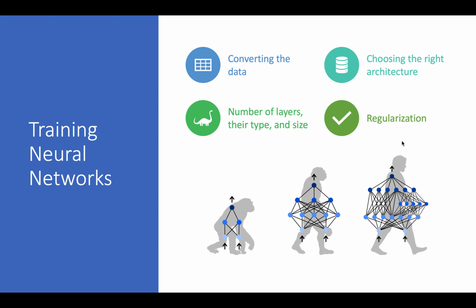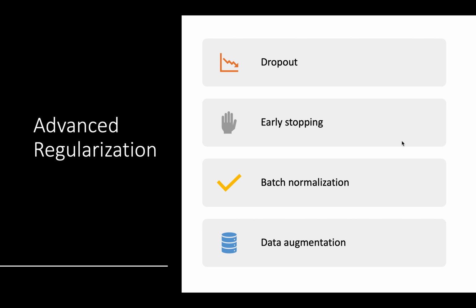And now that I already mentioned them, let's get to the advanced regularization. We have already talked about L1 and L2 regularization before, but you can use neural network specific regularizers as well. And they are dropout, early stopping, and batch normalization.